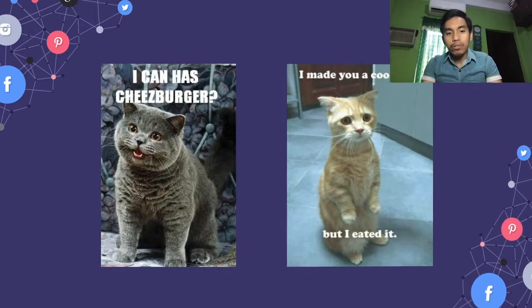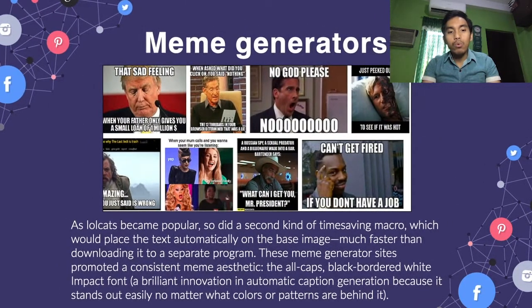Now, later on, nung nauso yung lolcats, nauso din yung tinatawag na mga meme generators, or nagkaroon na rin ng mga meme generating websites, nagkaroon na rin ng mga meme generating apps. So, using these tools, mas madali nang makagawa ngayon ng mga memes. So, maglalagay ka lang ng image na gusto mo, tapos lalagyan mo lang ng text na naiisip mo na witty or funny, then it's automatically a meme.